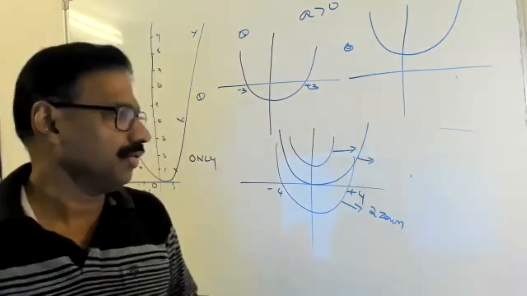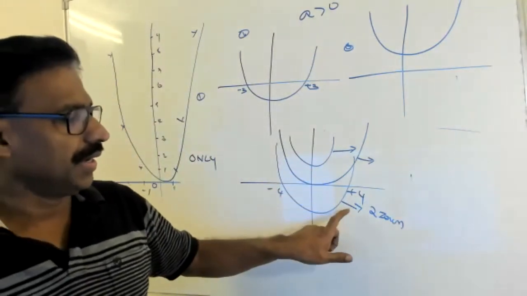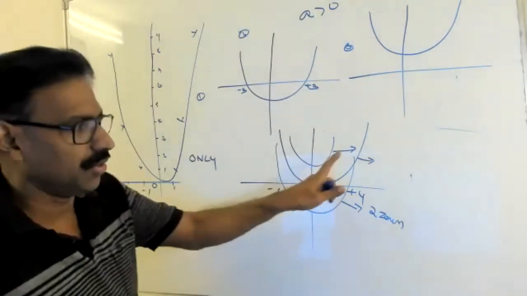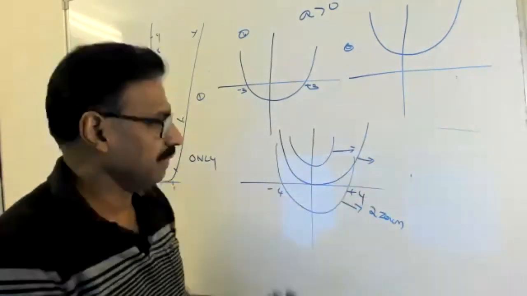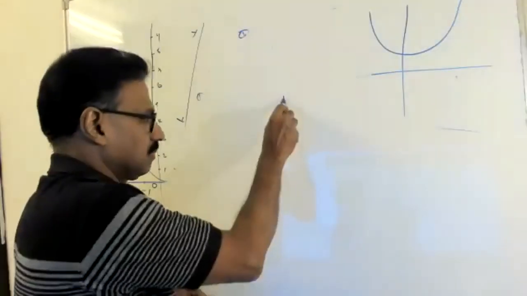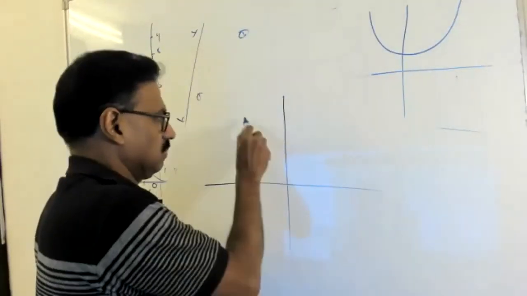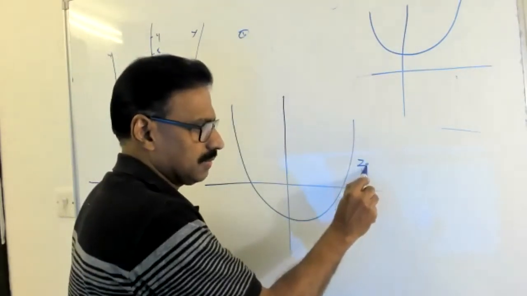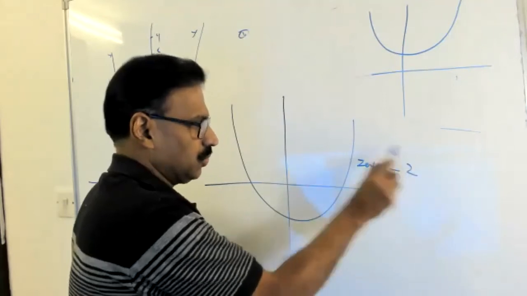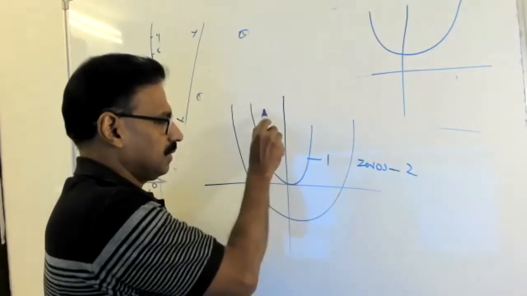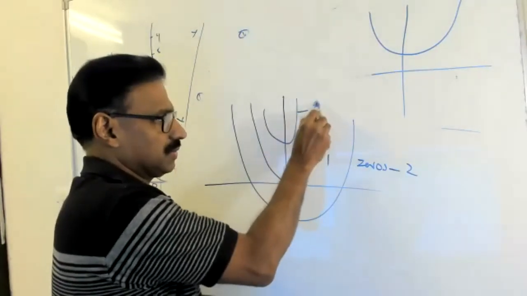Okay, so now this one, don't get confused. Here no zeros. This one, look: 2 zeros. This one only 1. This one no zeros, like that.